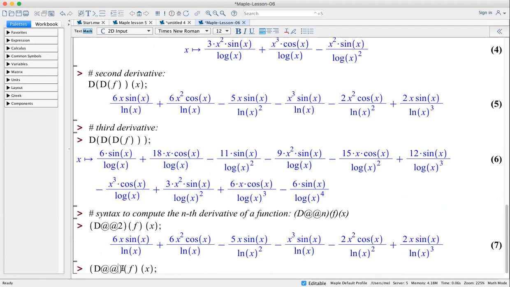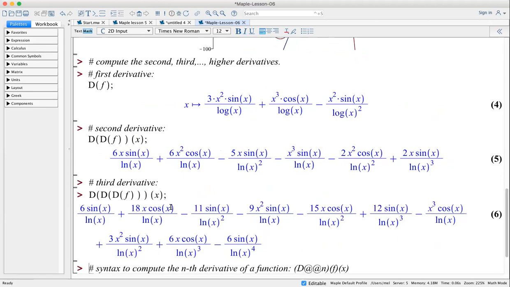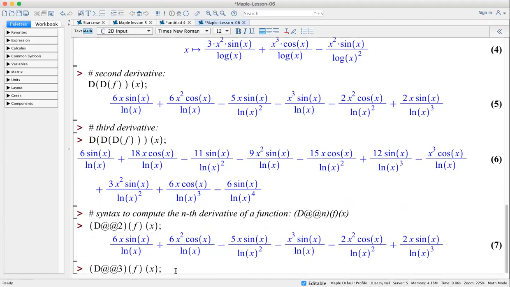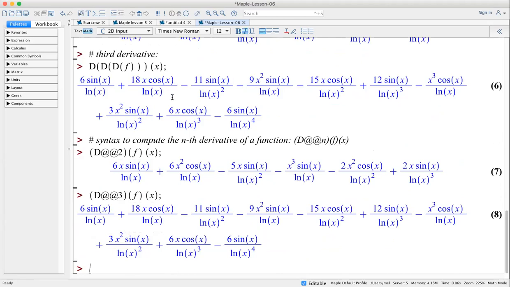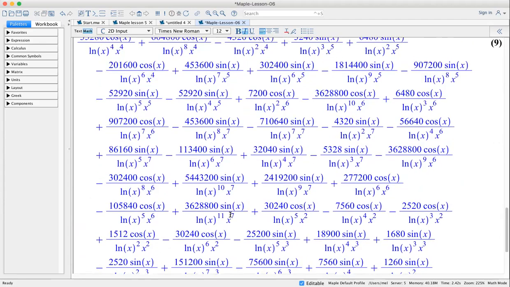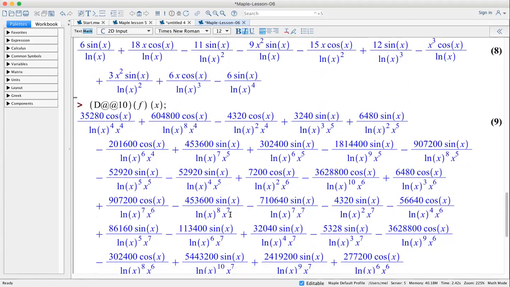How will we get the third derivative? This is what we want to compare it to. This and this, lines 6 and 8, they're the same. Suppose for some reason you wanted the 10th derivative. Well, it's kind of messy, but that's what it is.